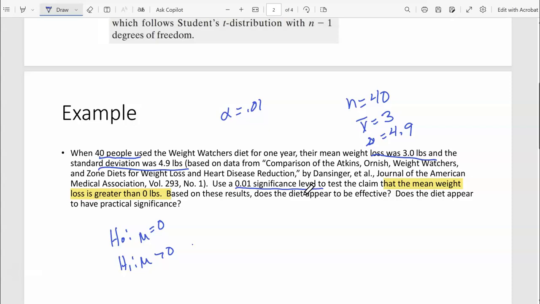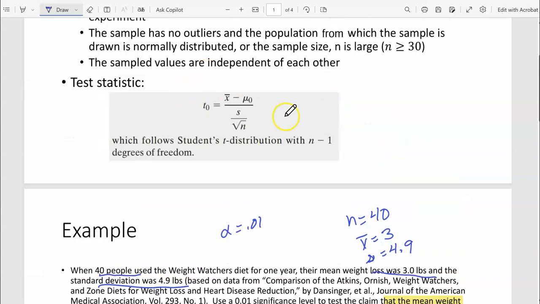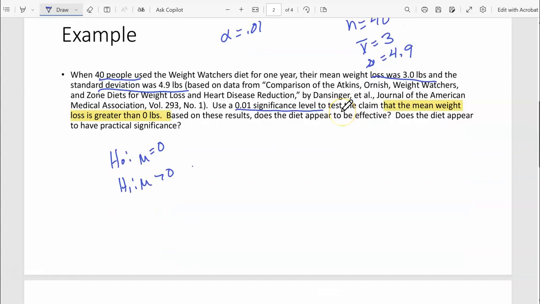So if we wanted to do this by hand, just to show you how we would use this information, we would first find our test statistic. So our test statistic is x bar minus the mean divided by s over square root of n.